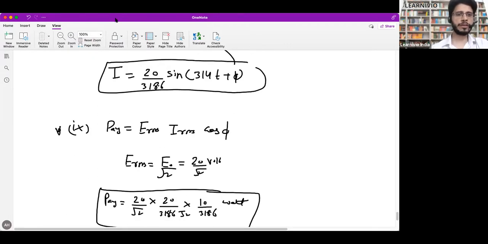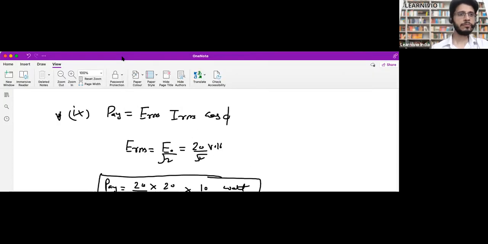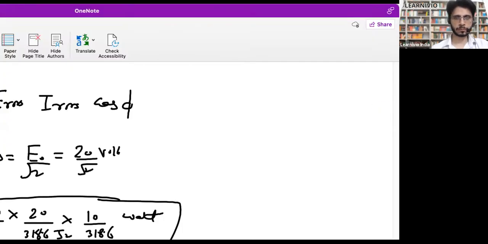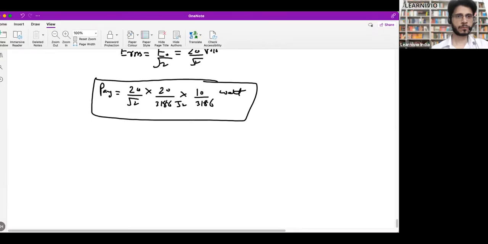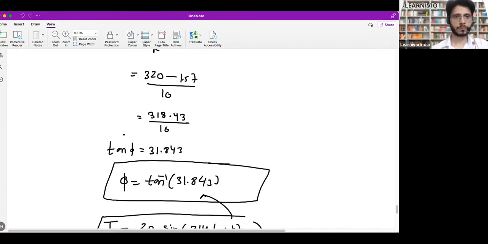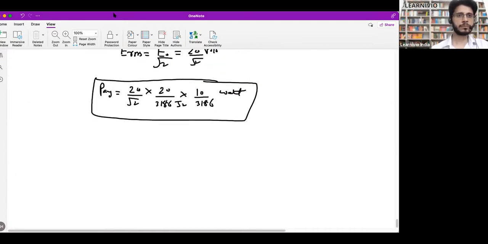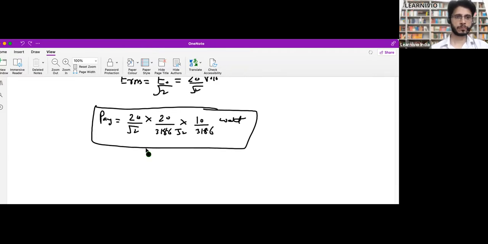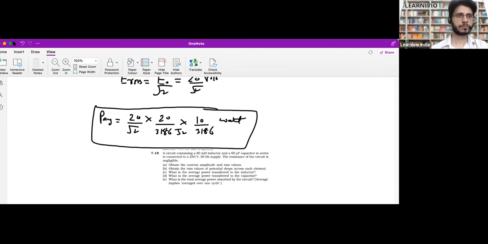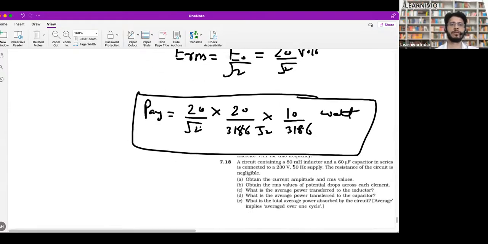Let's do one more question. This is given in NCERT. Okay, do it now. 7.18 of NCERT.